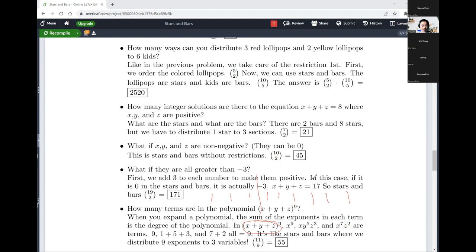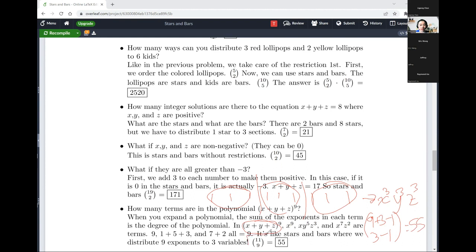So this could be a divider, this could be a divider. So this would be 3, 3, 3, which would correspond to x cubed, y cubed, z cubed. And so we have 11 objects. So it's 9 plus 3 minus 1, choose 3 minus 1, which equals 55.